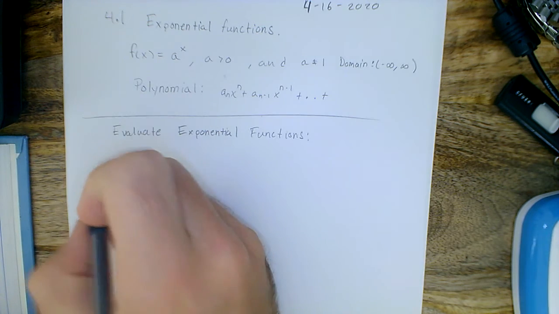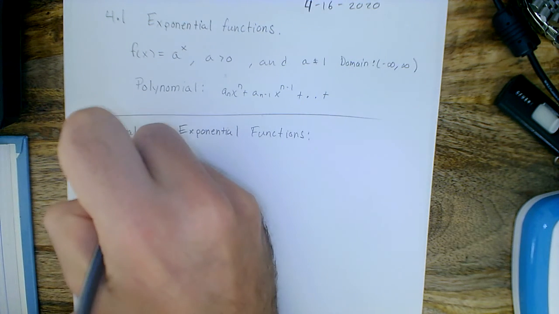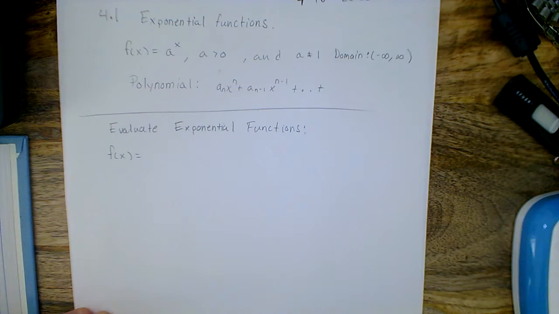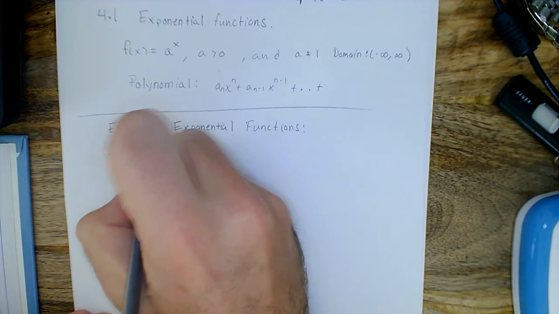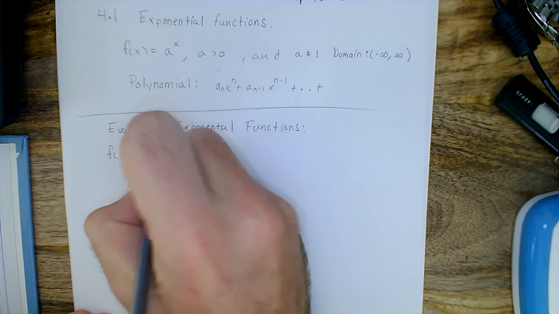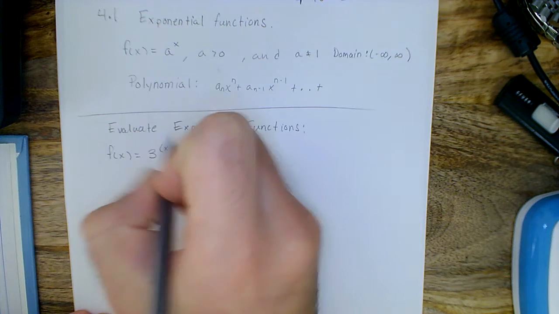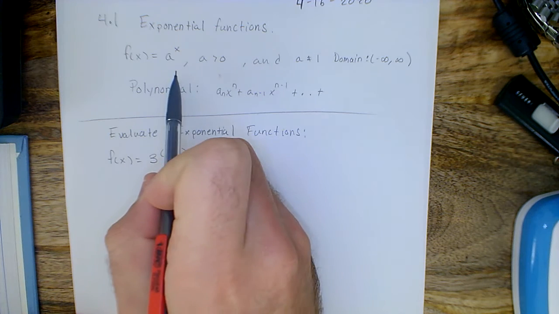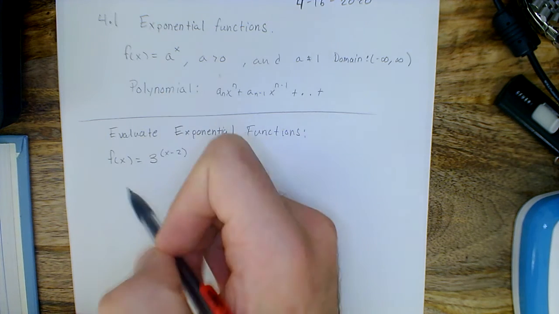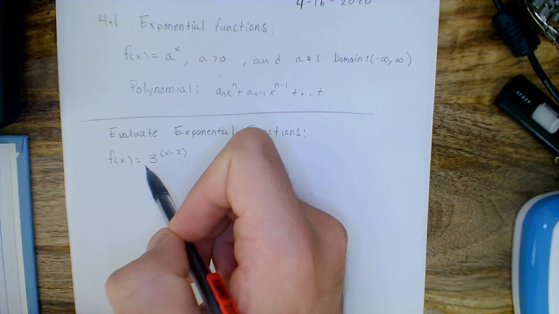So let's evaluate first f of x equals 3 to the x minus 2. I know I said here it's functions where it's a to the x where a is positive, so 3 is definitely a positive number.